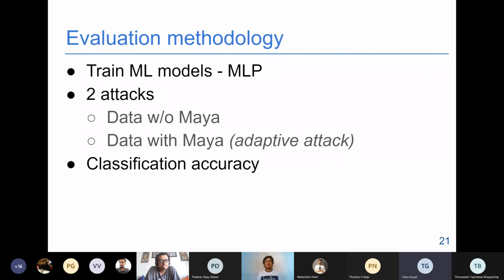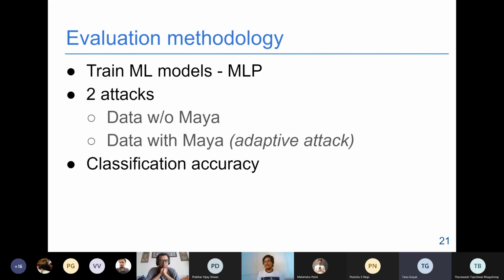So for the evaluation methodology, we train two ML models. Both are multi-layer perceptrons, and we use two types of training techniques to train them. One is where the attacker does not know what the algorithm is, what Maya is, and just collects training data.